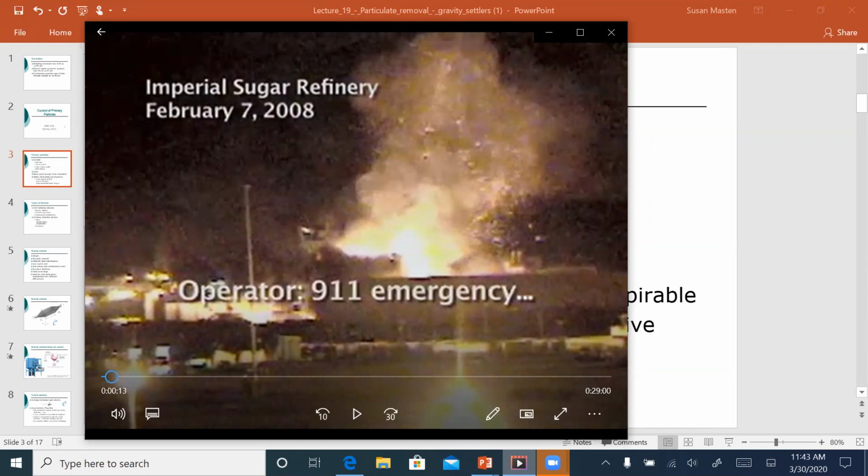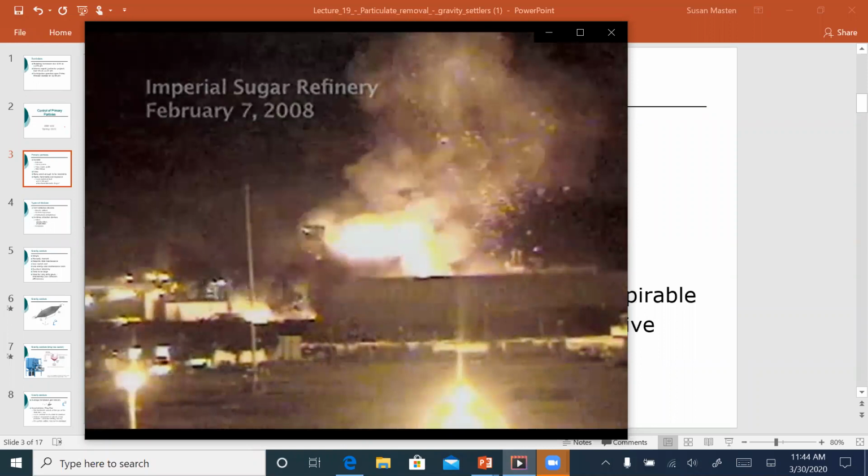Some of you may end up working in environmental health and safety aspects of the industry, or you may end up in some sort of manufacturing facility. This is pretty graphic, but I think it is important to get this sense.